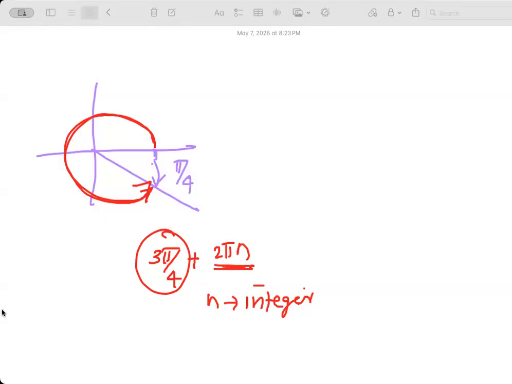Yeah, conversion, I hope you can do. Okay, just please convert minus 5 pi by 9 to degrees.